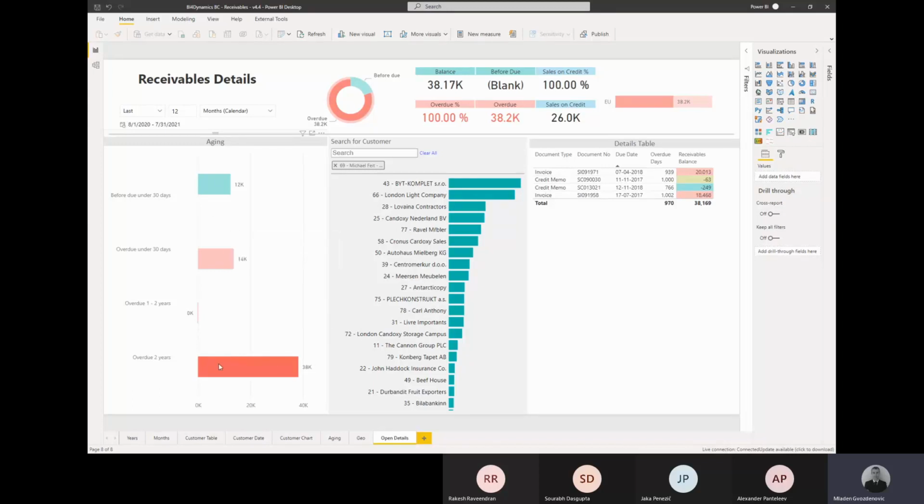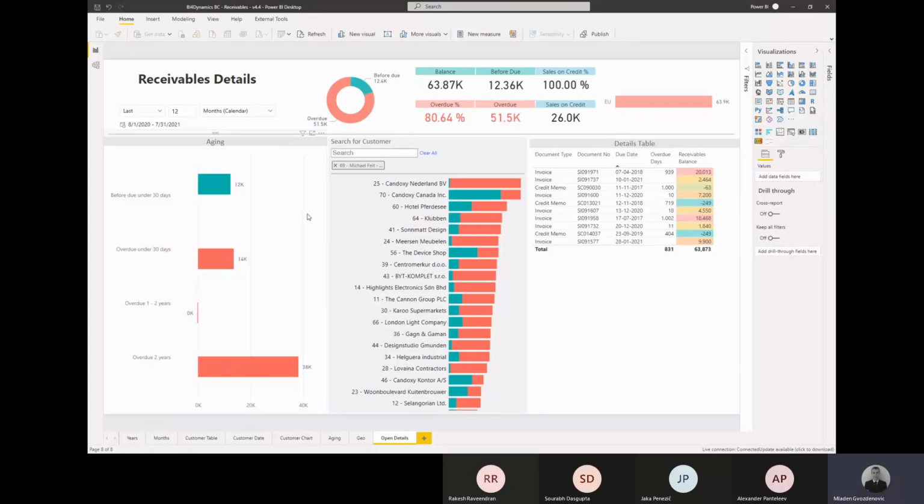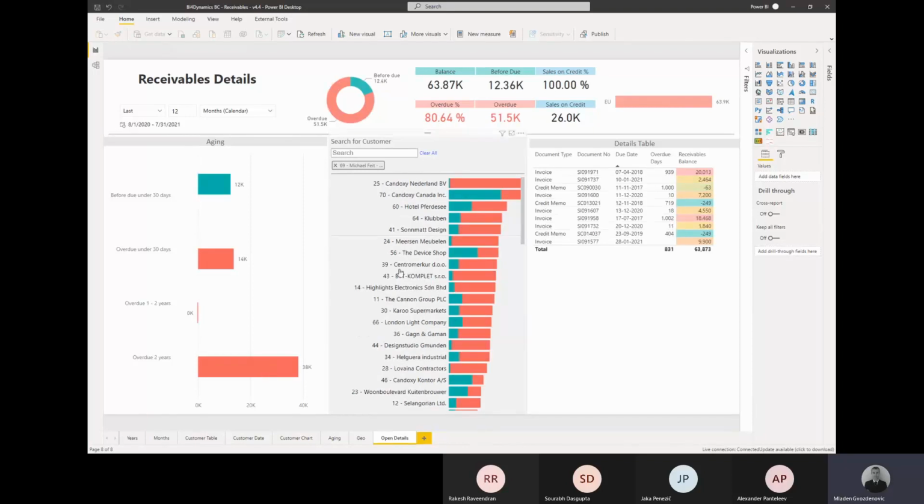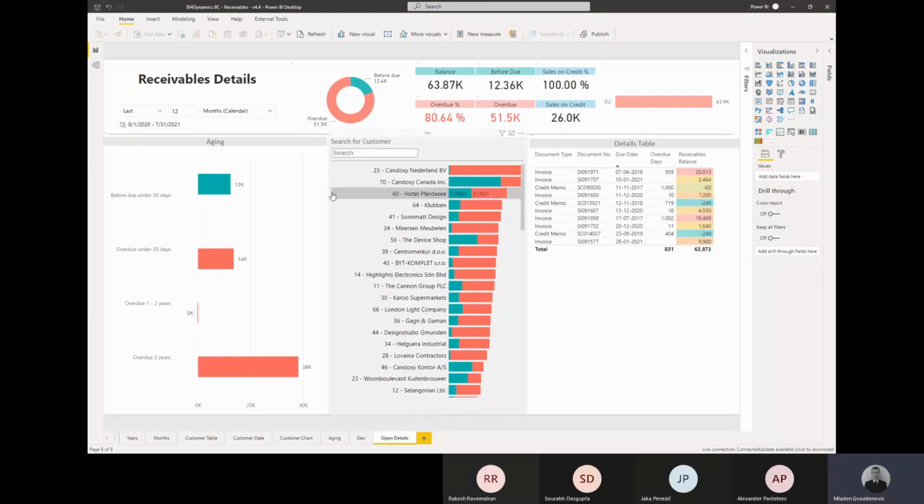If I click this once again, then I have this information for all of these receivables here, not just 2 years overdue. At the same time, this filter is applicable to other members here, but the one that is pointing into the filter in the aging and the detail table is the one in this customer here. So it's super simple.